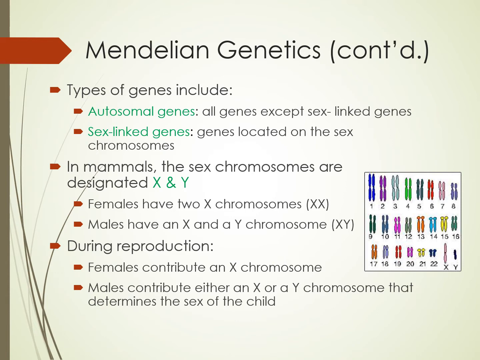The Y has, if I remember correctly, something like 1/3 of the genetic material, and so there's no matching part of the chromosome for about 2/3 of that other X chromosome in males. So during reproduction, because I'm a female and I have two X chromosomes, the female is going to contribute an X chromosome necessarily. Males can contribute either an X or a Y chromosome. Then that's going to determine the sex of the child.